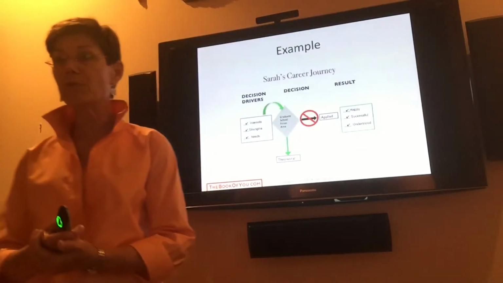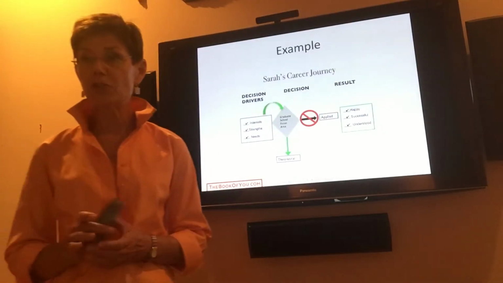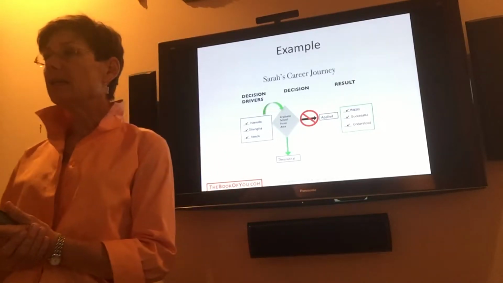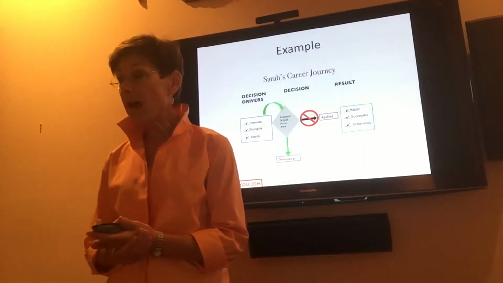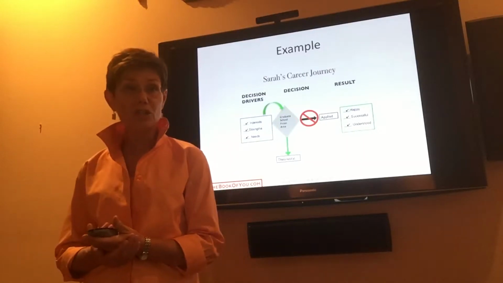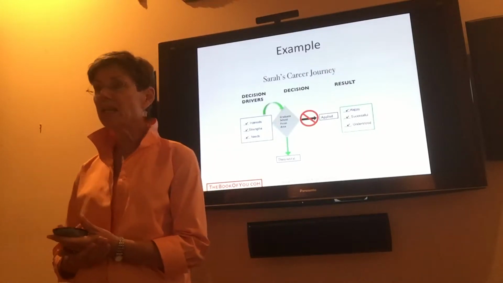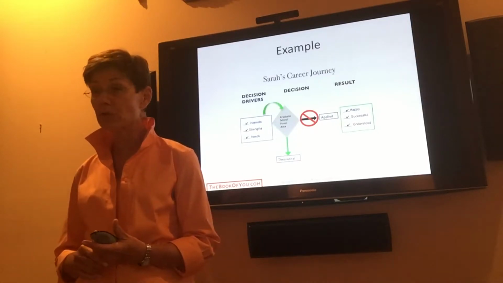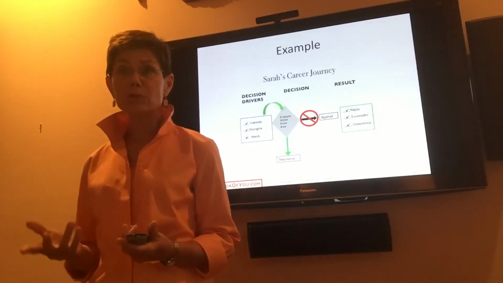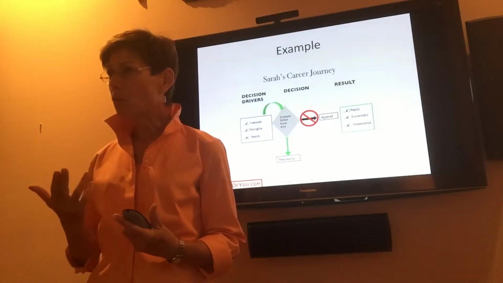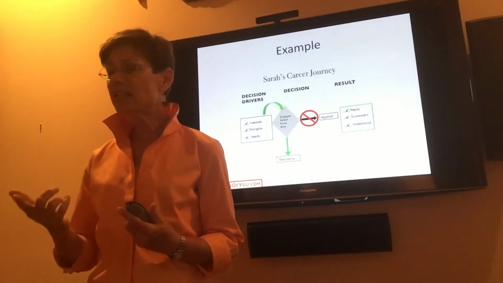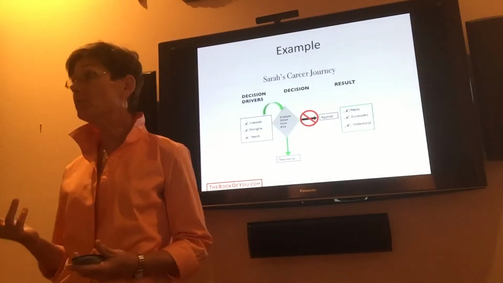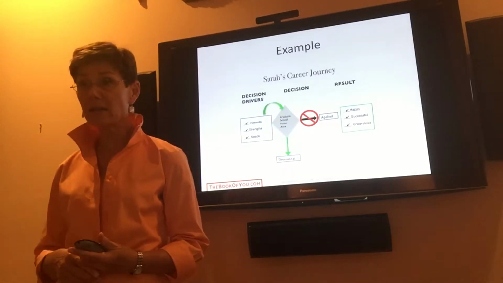So let's take an example. This is from my own career journey. When I was in graduate school, I studied mathematics, and it was my full intention to get my PhD in mathematics. You saw earlier that I have an affinity for numbers. But when I was working on my master's, I had to make a decision whether I was going to go down a theoretical path or an applied path in terms of mathematics.